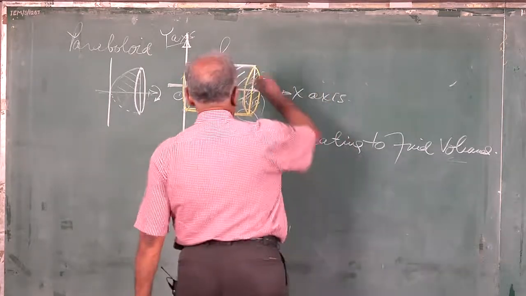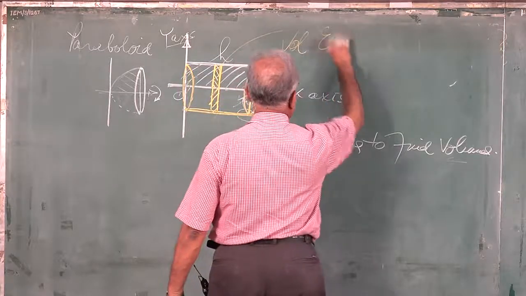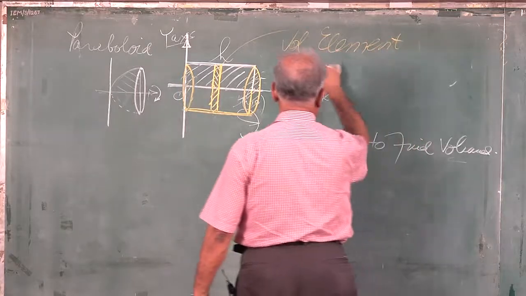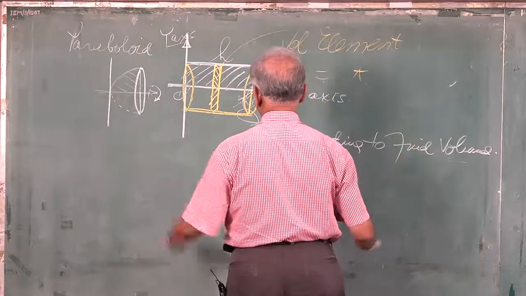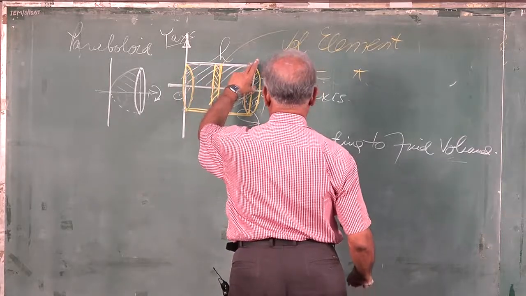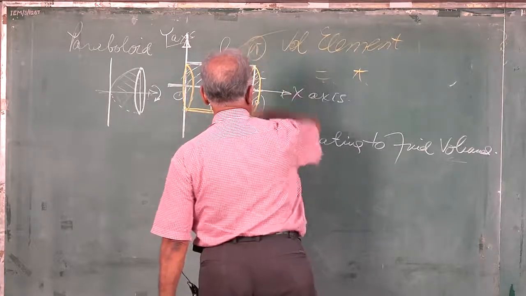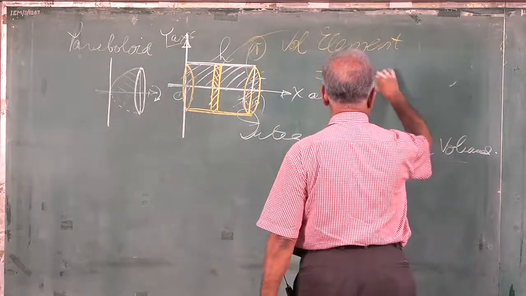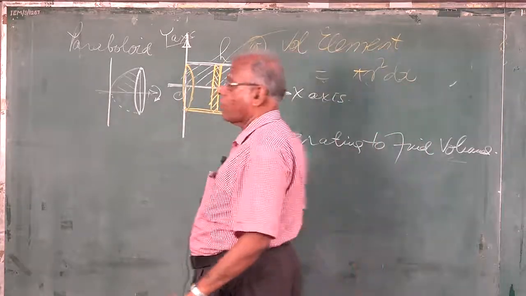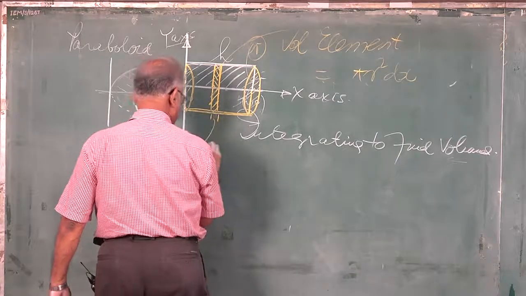So, here we can write the volume element as pi r square dx. The r is taken as r, we can take it as a. We had written r here, so this we keep as the radius. So pi r square dx, because this is the width of the strip. The width of the strip here is dx.